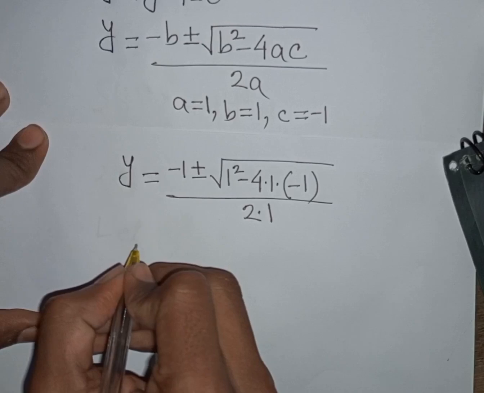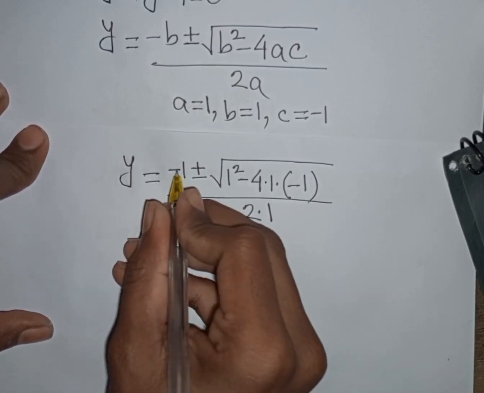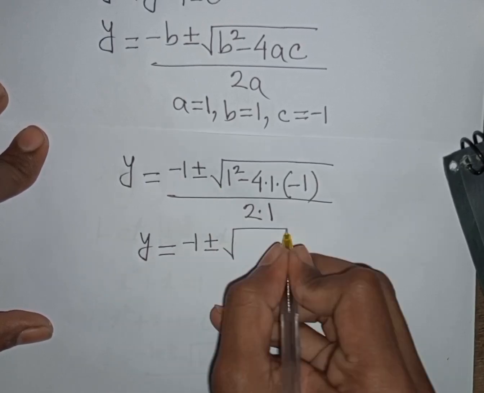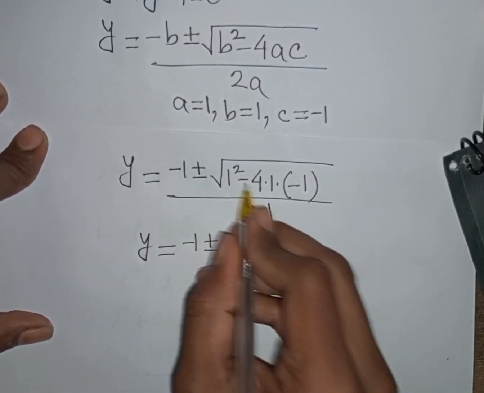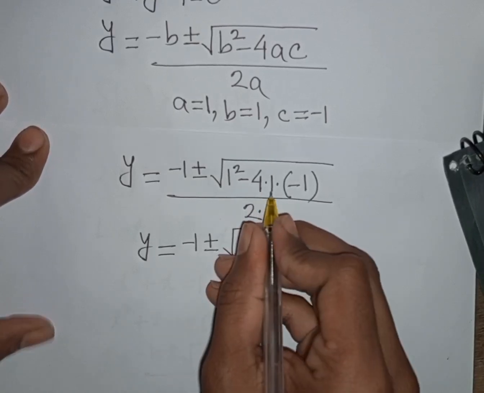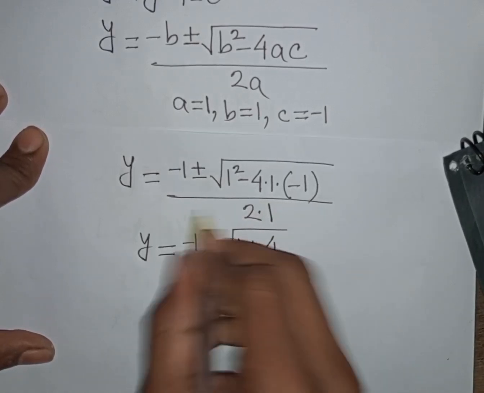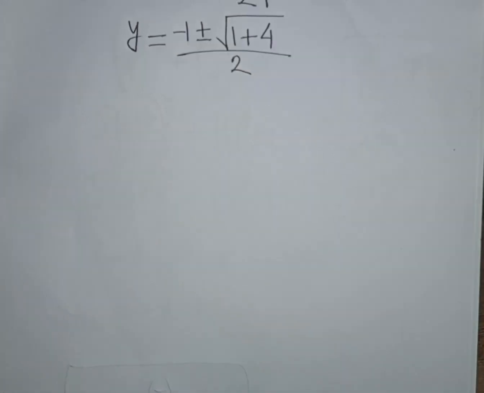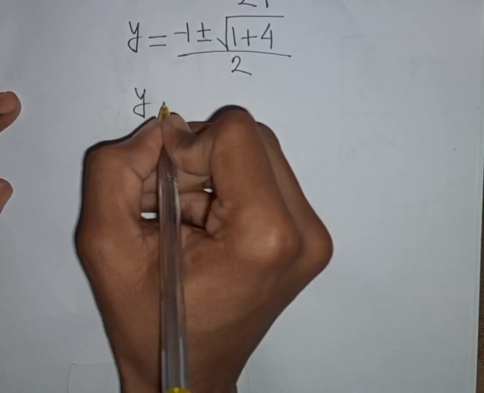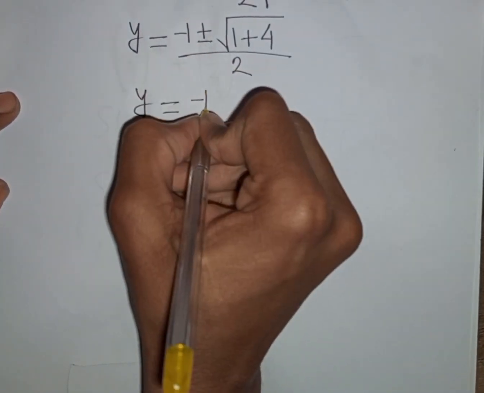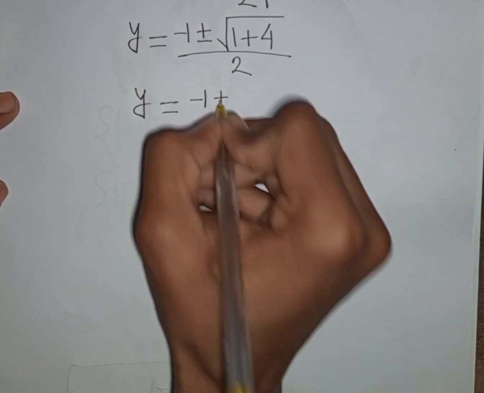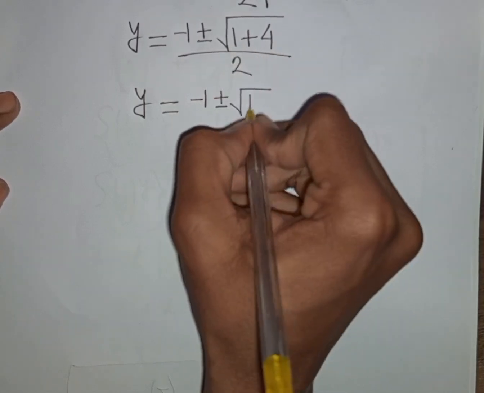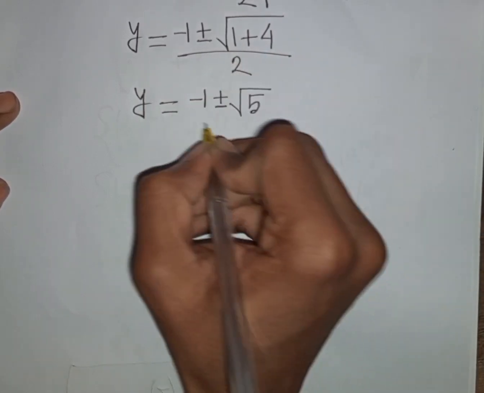Now I can write here y is equal to minus 1 plus or minus square root of 1 square, which is the same as 1, then minus times minus, that means it will be plus 4 times 1 times 1, that means 4, divided by 2 times 1, that means 2. Now we can write here y is equal to minus 1 plus or minus square root of 1 plus 4, that means 5, divided by 2.